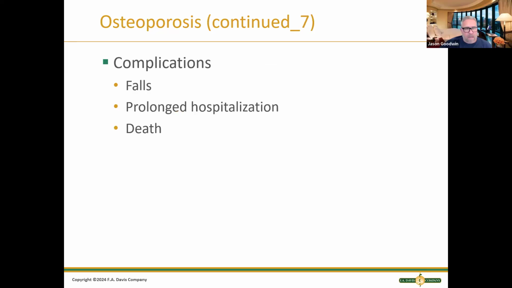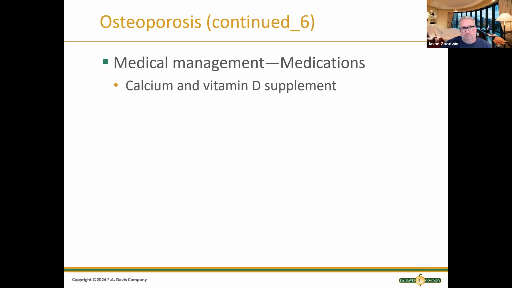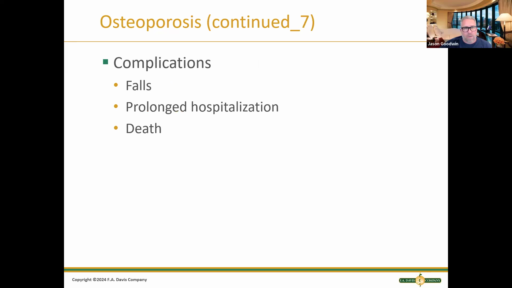Also, by the way, vitamin D can be achieved through sun exposure, right? So those are also options. Getting out there and exercising, taking walks, you're killing two birds with one stone there. Complications of this would include, like we talked about earlier, falls. They're at risk for falls.